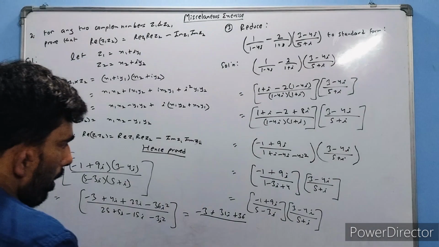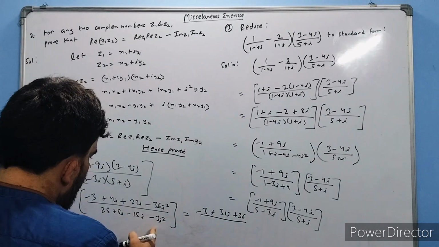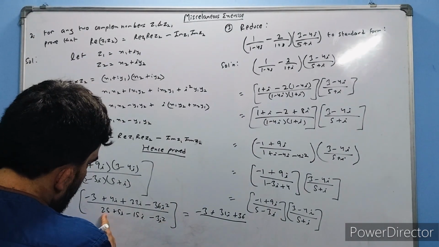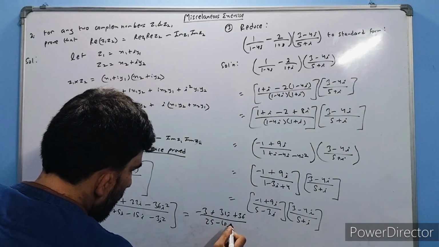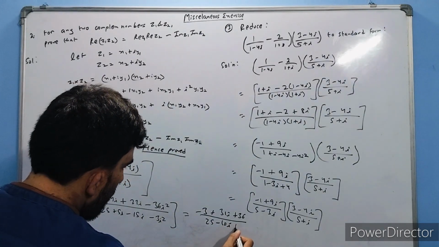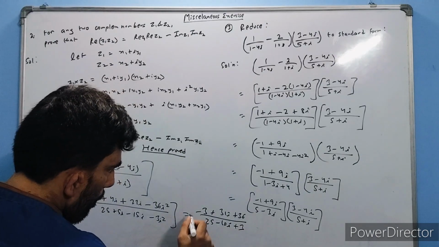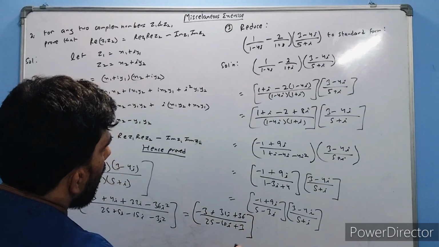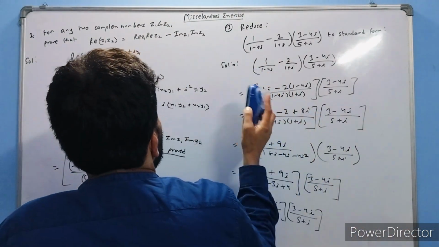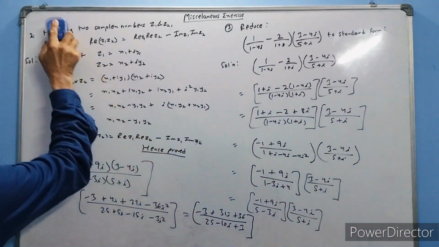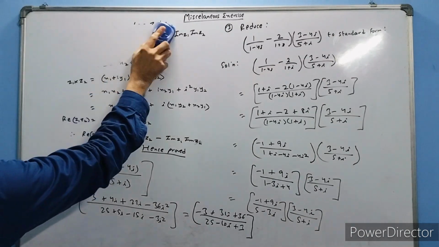Here also will be the same situation, 25 minus 10i, and here i square is minus 1, so it will be plus 3. So let us reduce this.